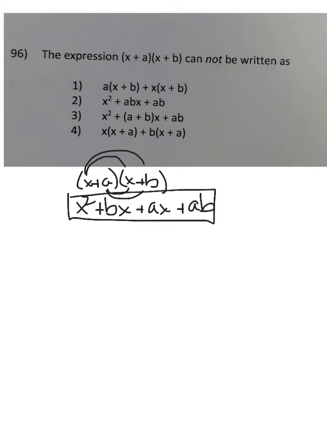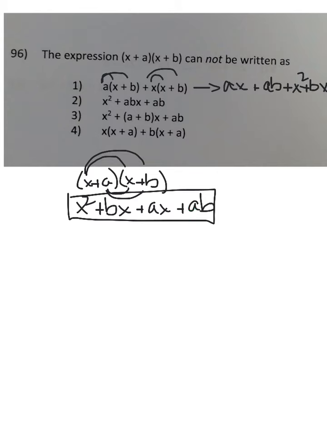All right, so let's look at choice 1. So if I distribute this, I get ax. If I distribute this, I get plus ab. Plus, and then now I get x squared, and here I get plus bx. Okay, so now if I look at what I just wrote right here, that is equivalent to what I have right here.